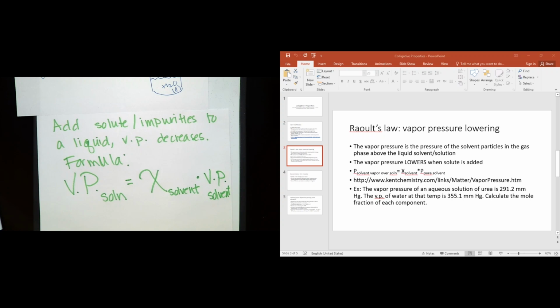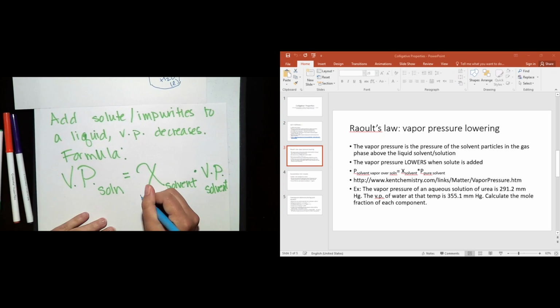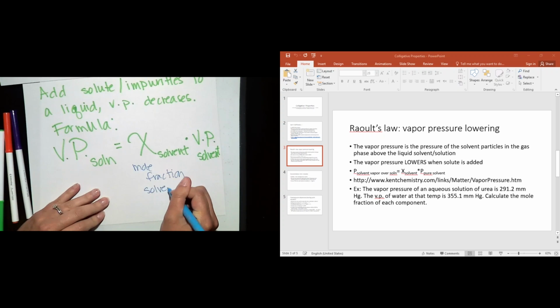The paradigm, or what we're looking at for this formula, is the mole fraction of the solvent, not solute, not what we add.